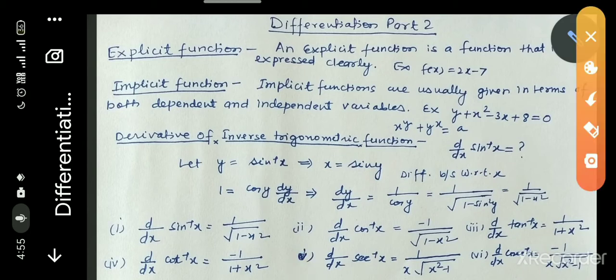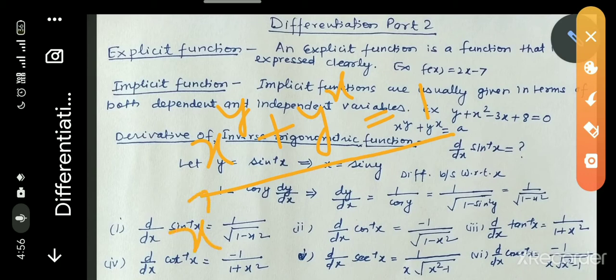For example, if we take x raised to the power y plus y raised to the power x, this is a type of implicit function, because it cannot be clearly expressed in terms of y in terms of x or x in terms of y. There may be many such examples.